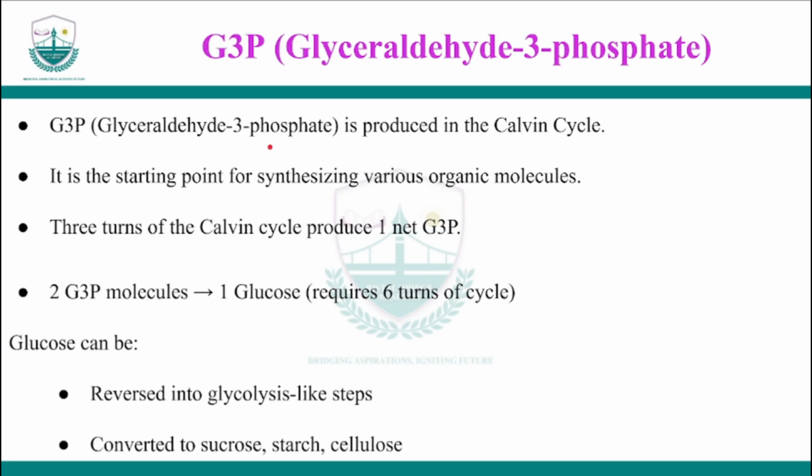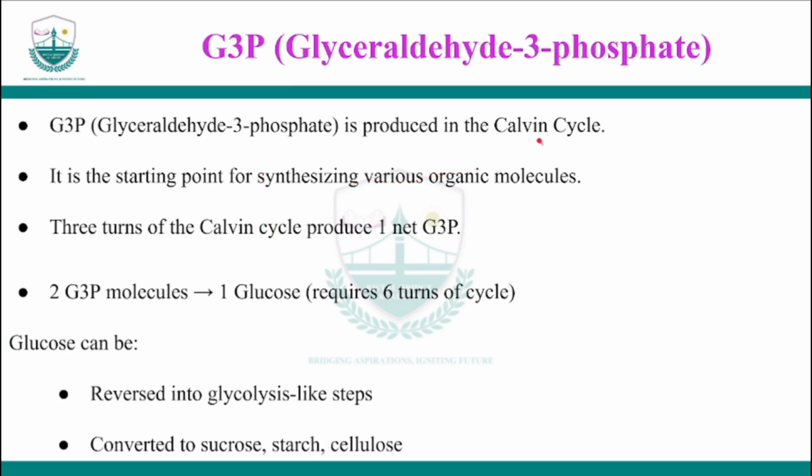So the main point for this discussion is for you to know that in this process of photosynthesis, we have what we call intermediates. When you say intermediates, we are basically referring to some of the compounds involved in the whole pathway. We have an intermediate that we call glyceraldehyde 3-phosphate.